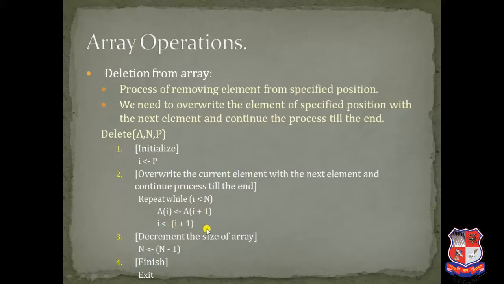Now in this algorithm we are removing an element from the existing array, so I need to decrease the size of array, and that I can do with n equals n minus 1, and that's it for the deletion from the array.